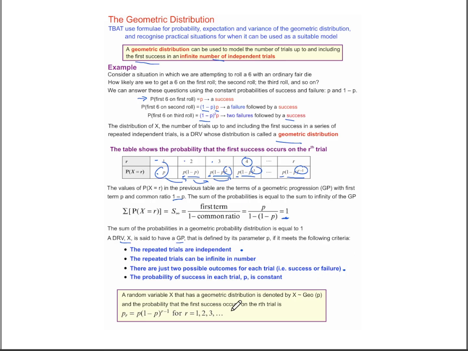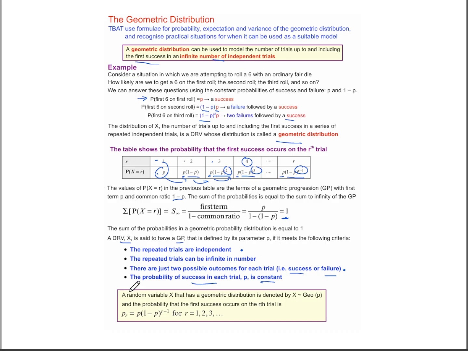Your failure might have multiple possibilities, so might your success have multiple possibilities, but you simplify them into just being either a success or a failure. And the probability of your success in each trial is constant, is the same. The probability of you rolling a 6 is always going to be 1 over 6, even on your 10th try or on your 20th try.